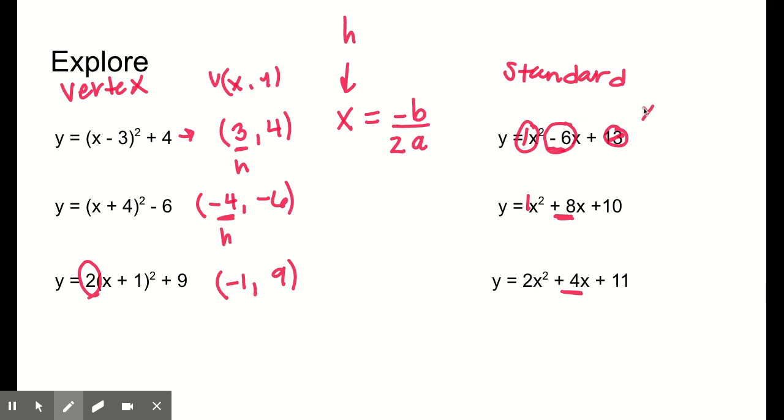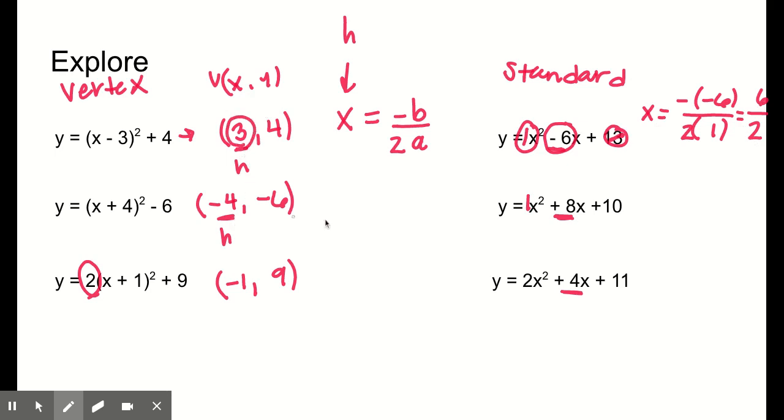So x equals -6 divided by 2 times a, which is a +1. This simplifies to a +6 divided by 2. Well, 6 divided by 2 gives us a +3.